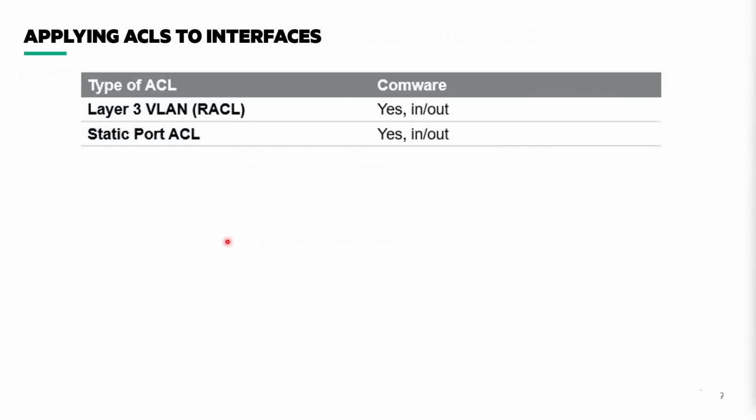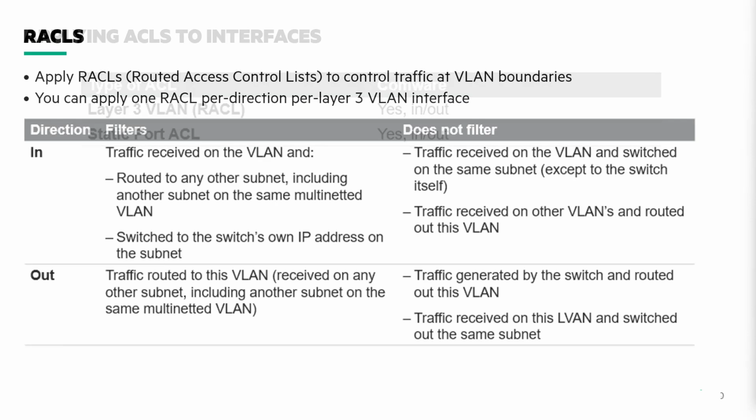How do you apply an ACL? You can apply it as a routed ACL, as a layer 3 VLAN ACL, in and out, and you can apply a static port ACL as well, in and out. The routed ACL, applied in or out, controls traffic at the VLAN boundaries.